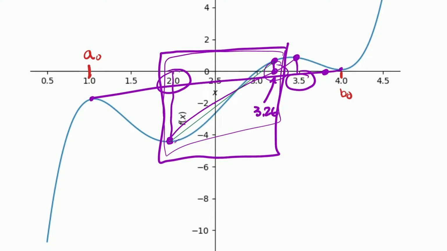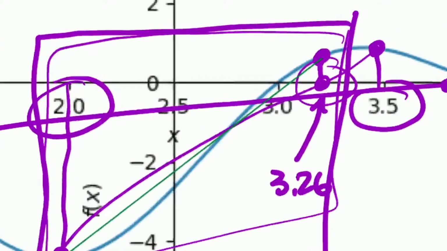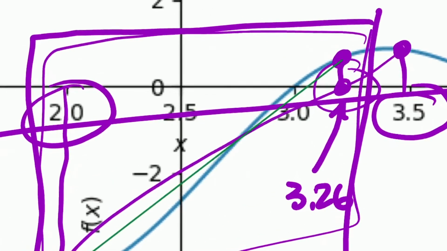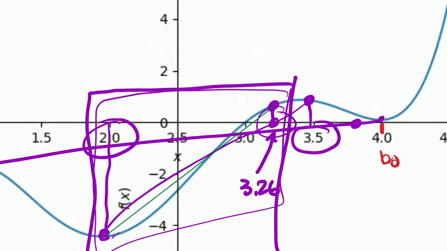Yes. Yeah, I'm pretty close. So that really thin green line is pretty close to the actual root. Here's where it seems to intersect. So my next guess would be there. And then I'd keep going. And eventually, I think I'll end up bracketing this like this. This point will eventually move over so that the iterations will be close together.